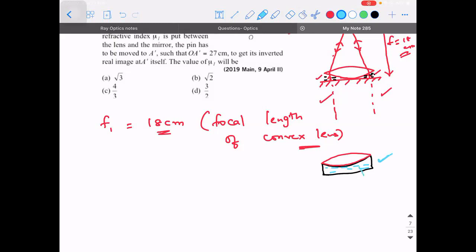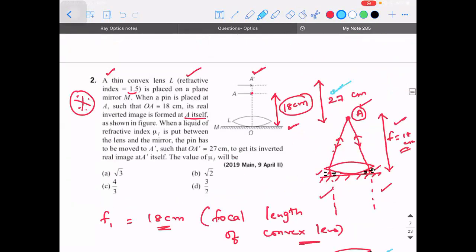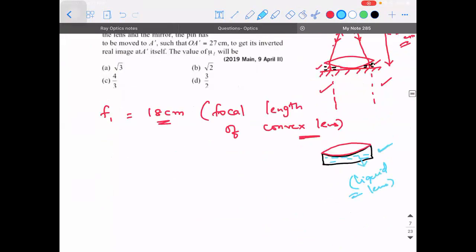This is what is called a liquid lens, because it is made up of liquid and it is taking the shape of a lens. Now, this 27 centimeter should be the combined focal length of the existing convex lens and the liquid lens. Guys, does this make sense? Yes, sir.